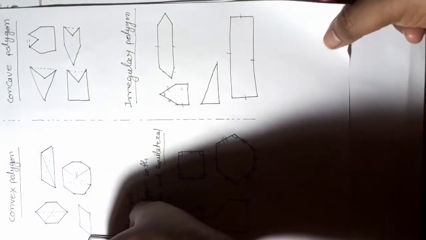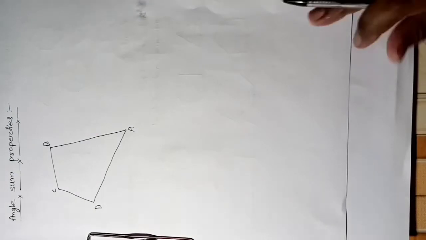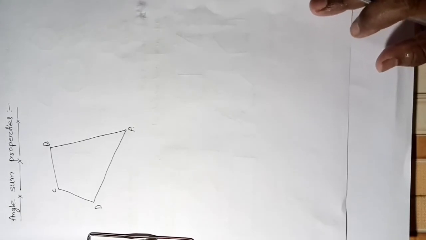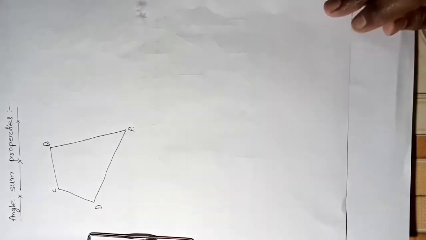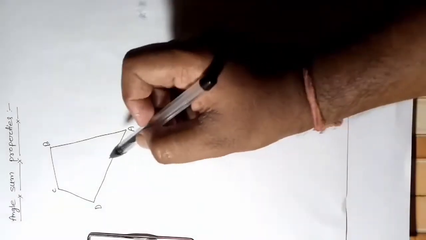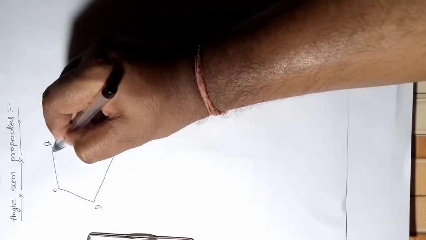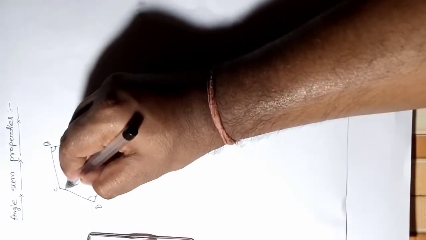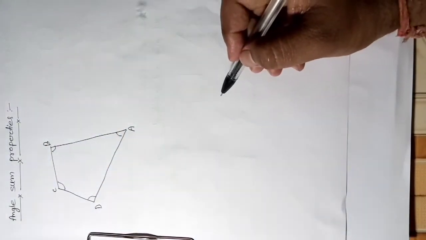One more thing we have to know: let's see the angle sum property. Afterwards we will discuss what the angle sum property means, right? We have to find out the angles they are subtending, means angle A, angle B and angle C, how much is it?